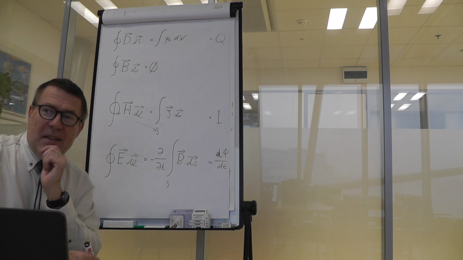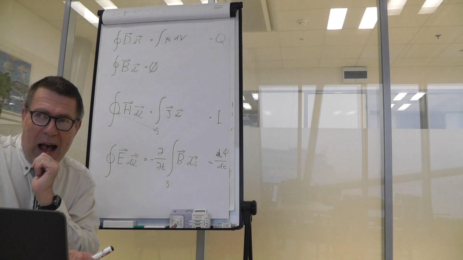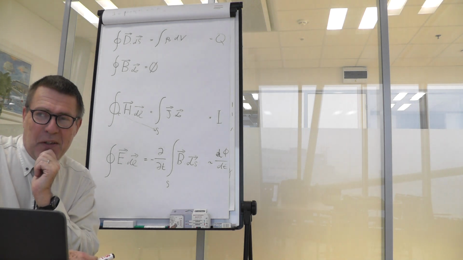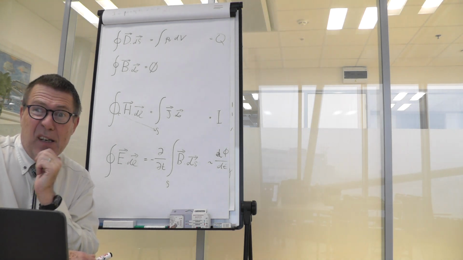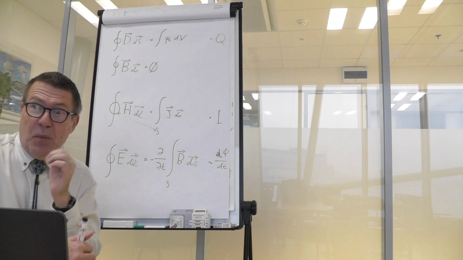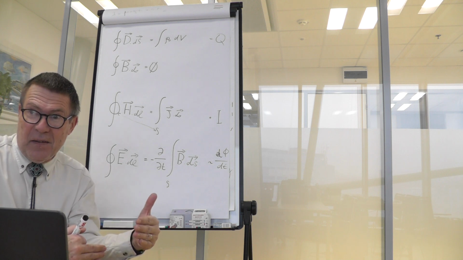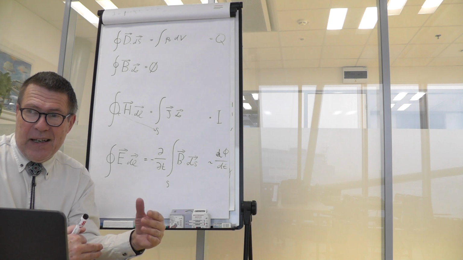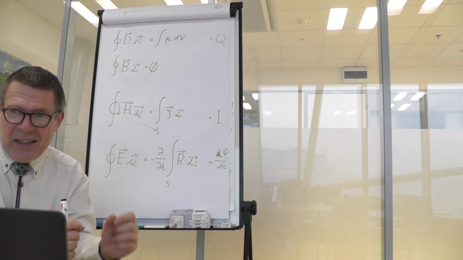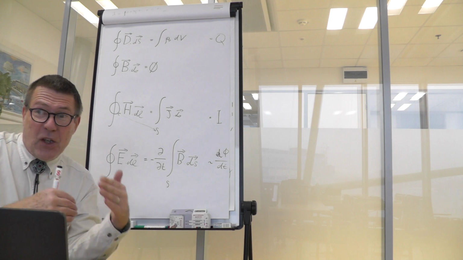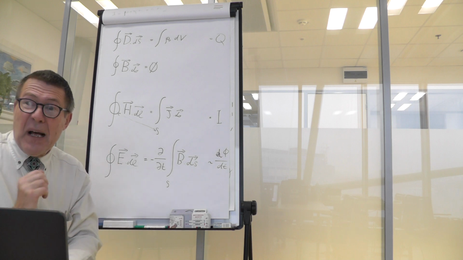So, is there any possibility to have some meaningful current that would give rise to a magnetic field without moving anything? Now, I skipped the long distance, so without moving anything at a short distance. And the reply is yes.